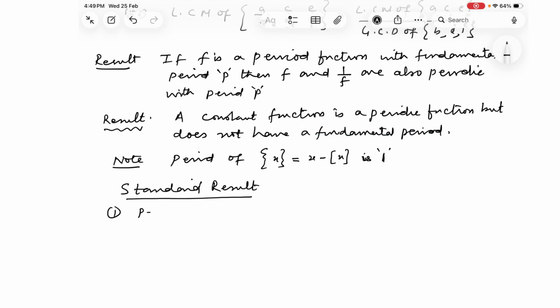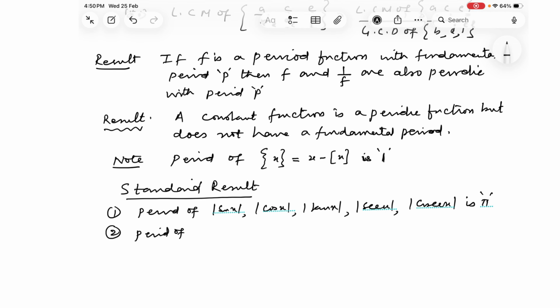Now let us write some standard results. First one, the period of mod sin x, mod cos x, mod tan x, mod secant x, mod cosecant x. The period of all these 6 functions is pi.